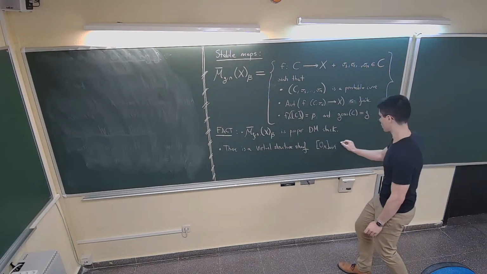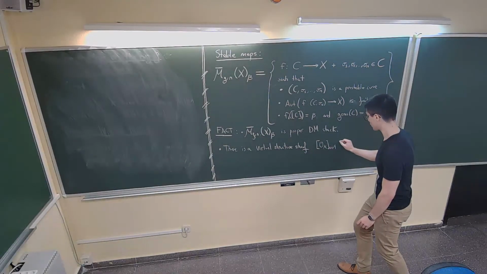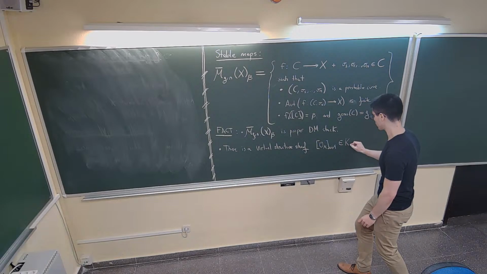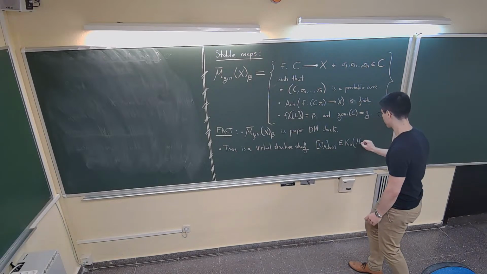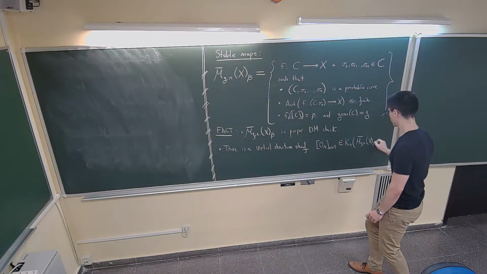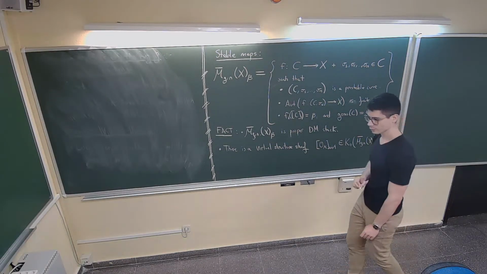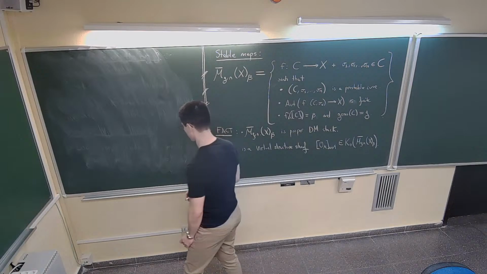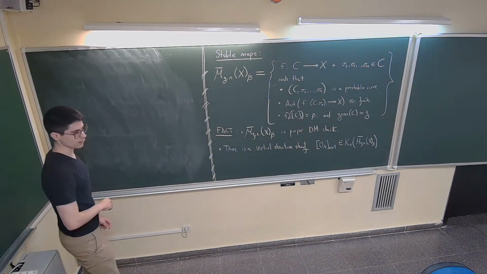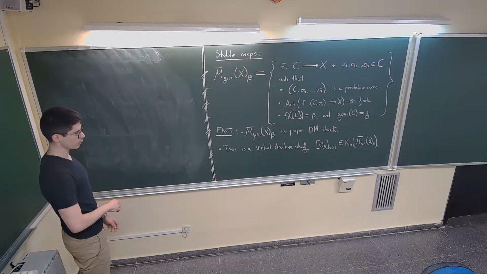I can think about this as a complex, but really I'm going to think about this as an element of the K-theory. Maybe more appropriate to say the K-theory of the derived enhancement, but I'm going to blur that first.